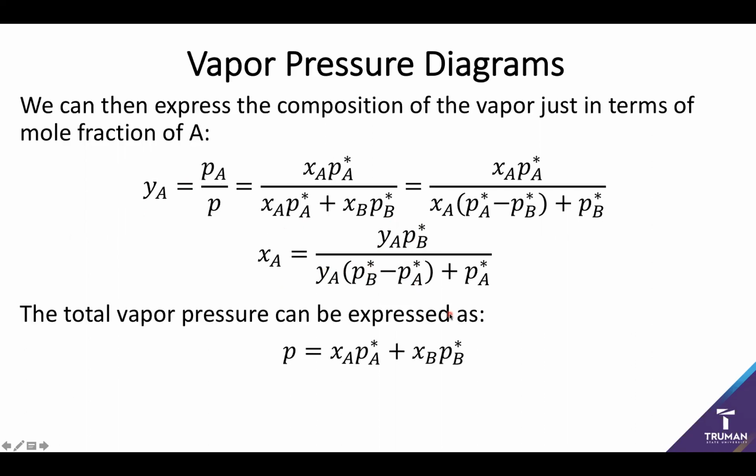We can use this information to give us an expression for the total vapor pressure, starting from the simple idea that the vapor pressure of A can be given, again, according to Raoult's law, and the same thing with B. We can then substitute in our expressions for XA and XB, both solely in terms of the mole fraction of A. There's a bit of long algebra to this, but it's not too bad, just a little tedious.